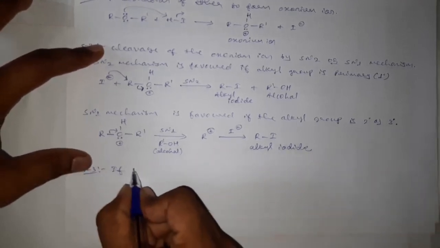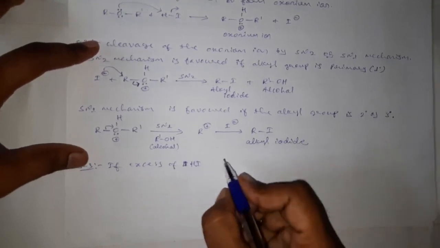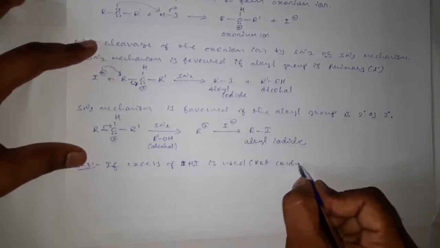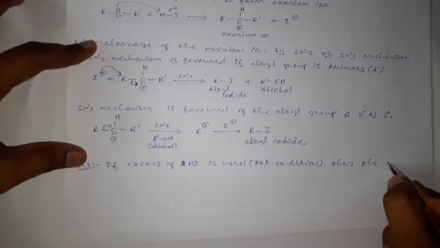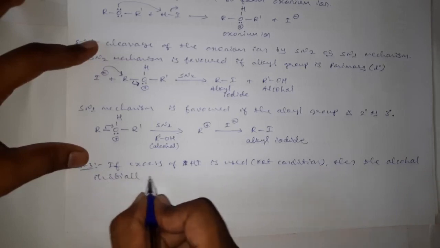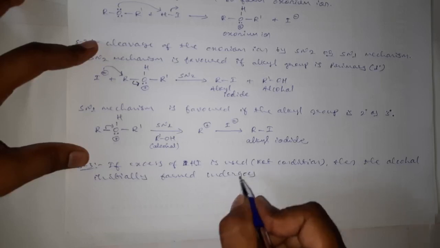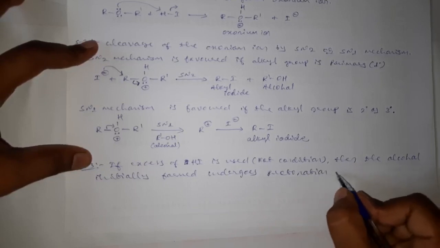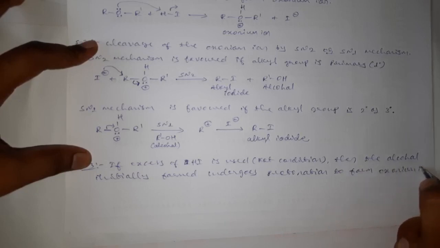If excess of HI is used, that is in case of hot condition, then the alcohol initially formed undergoes protonation to form oxonium ion.